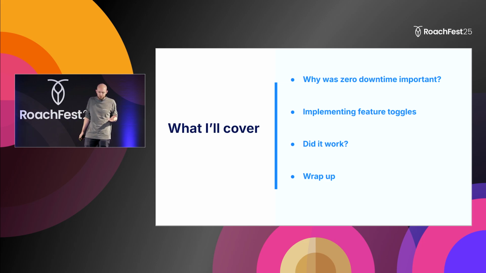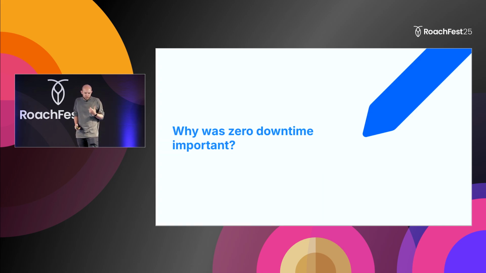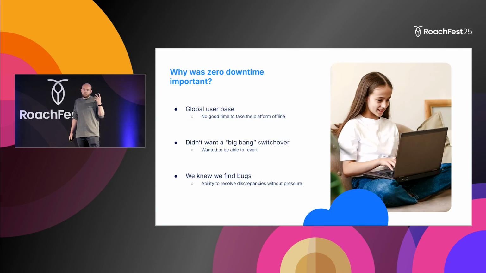I'll then talk you through our implementation, which used feature toggles very heavily. I'll then cover whether it worked. Spoiler alert, I probably wouldn't be doing a talk if it didn't. But I'll talk you through the key takeaways that we had, and I'll wrap up.